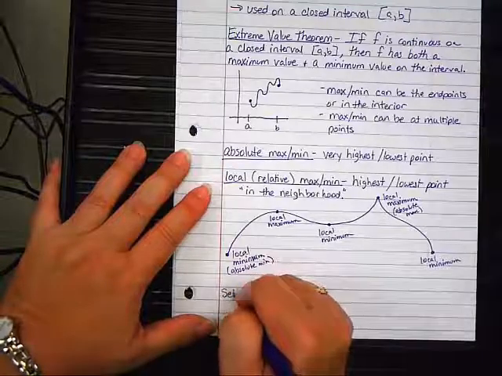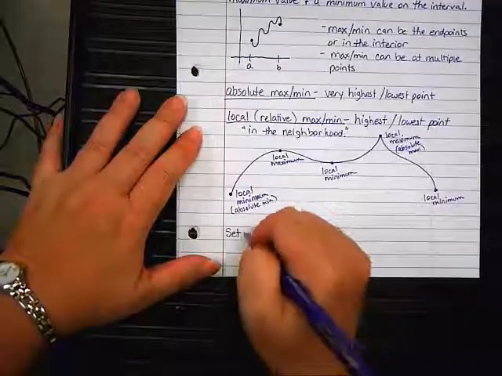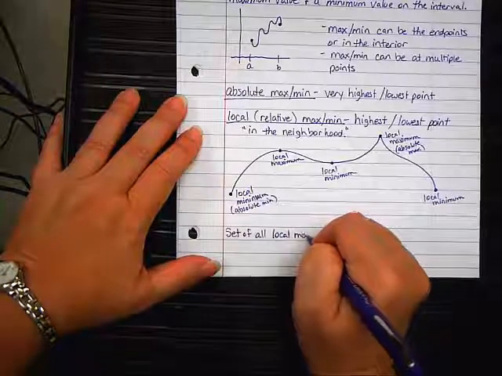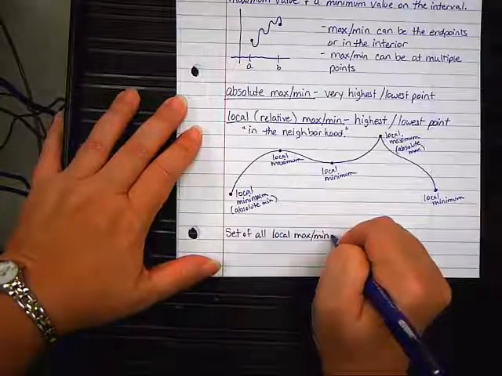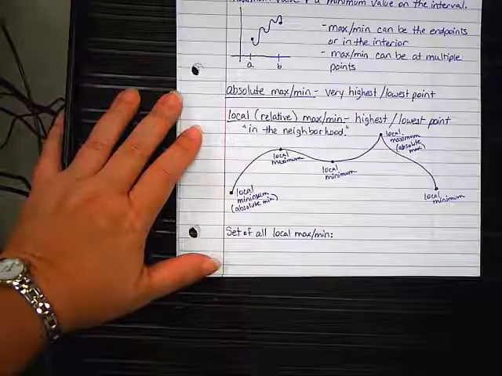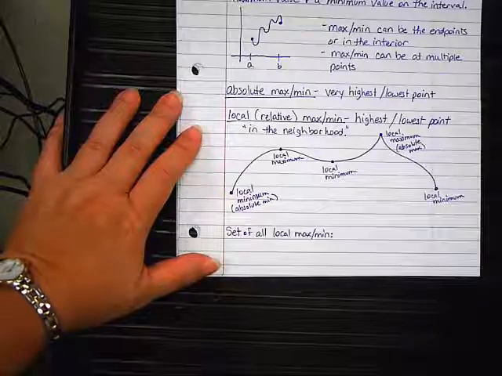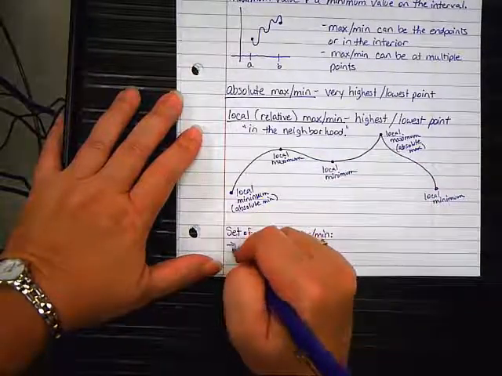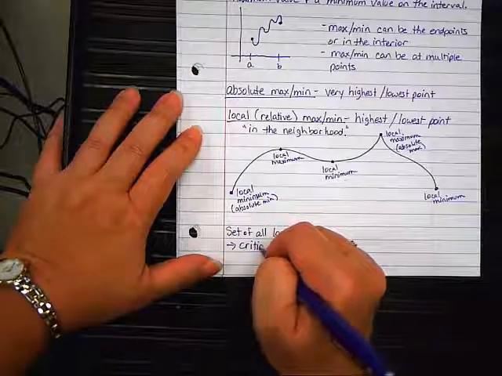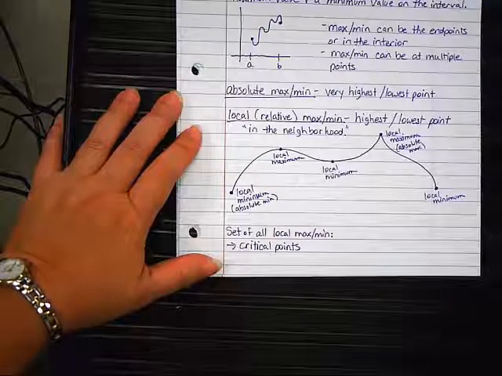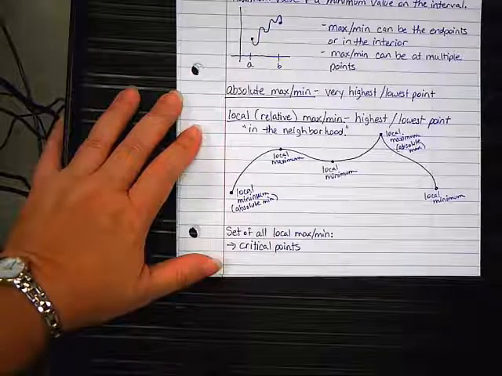So, okay. The set of all local max and mins have some unusual names that I need to give you, that you need to be familiar with. There are 2 phrases that define the set of all the local maxes and mins. In other words, all these points. In some problems, they are called critical points. The directions may say, find all the critical points.